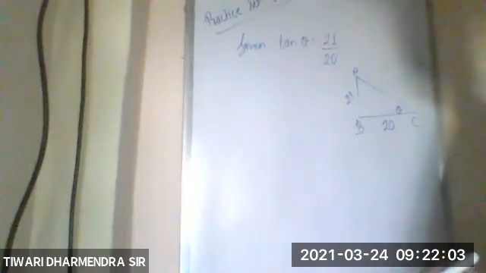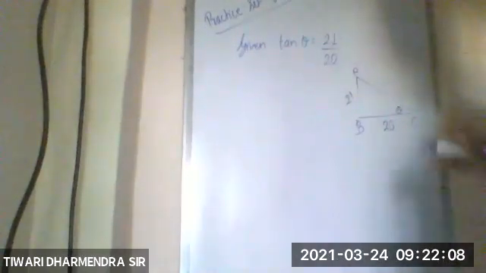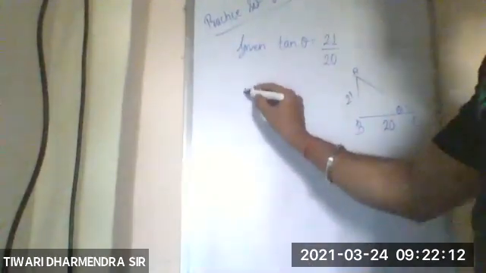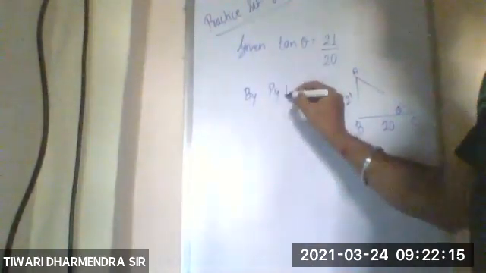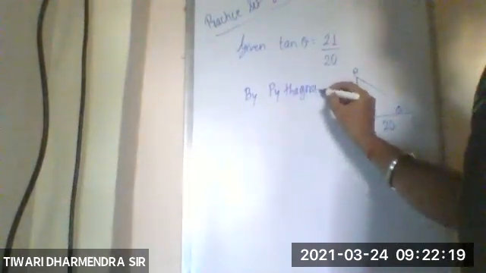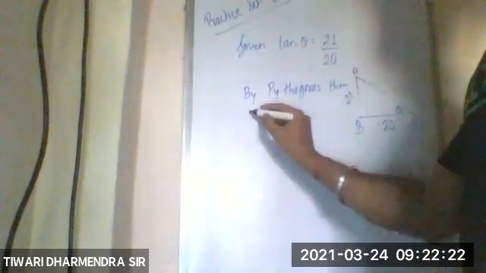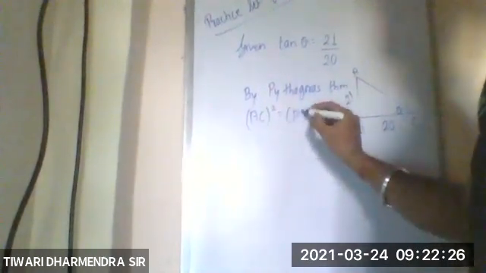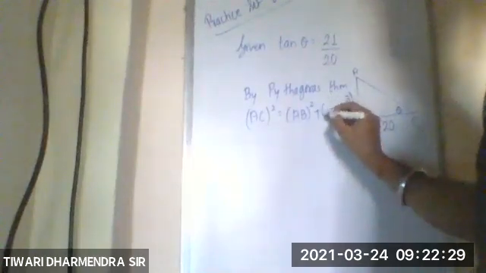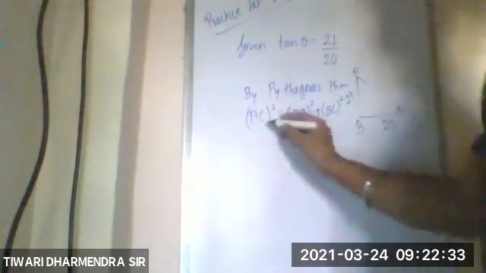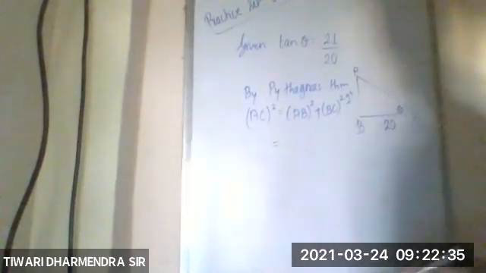Now, why are we using Pythagoras? To find the value of the third side. Pythagoras theorem: AC square is equal to AB square plus BC square. AC square is not known to us.